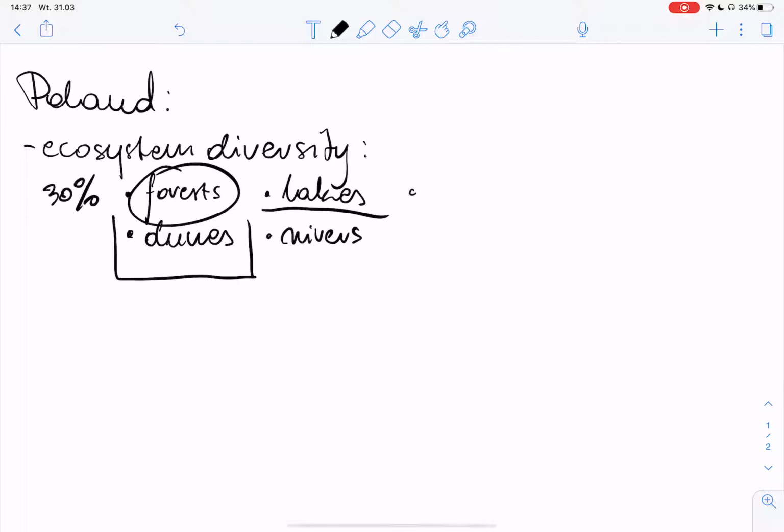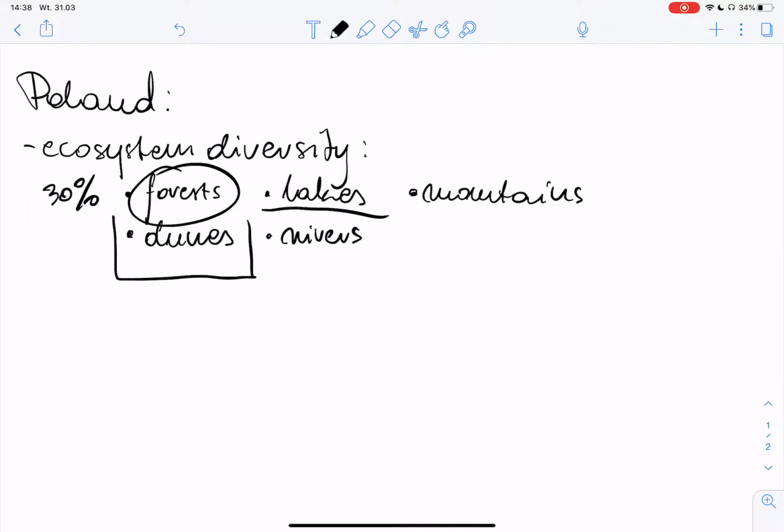The same case applies to mountains. Only the highest mountains, which are Tatra Mountains, some taller parts of Carpathian Mountains, they will also be distinguished as the separate ecosystem.